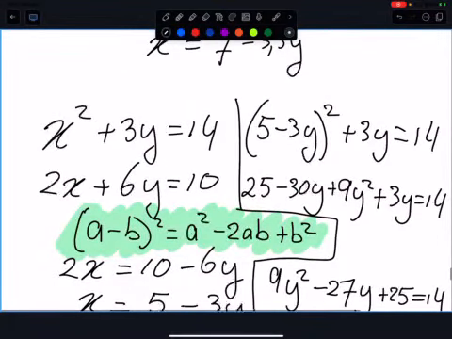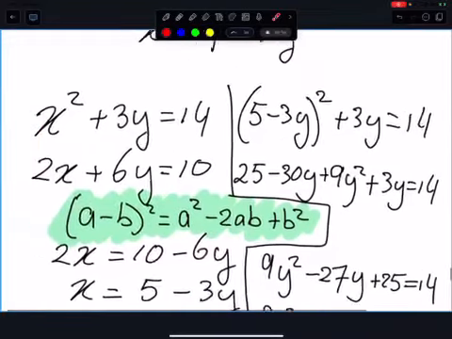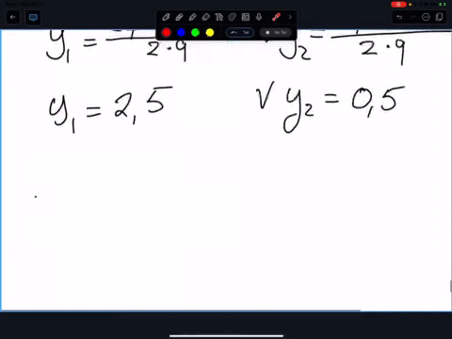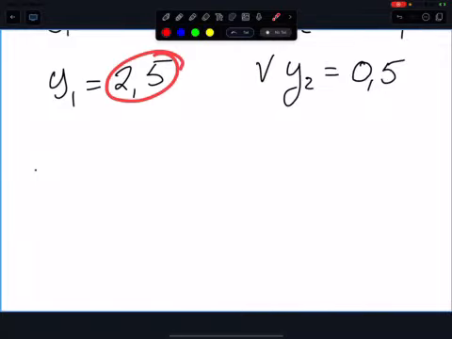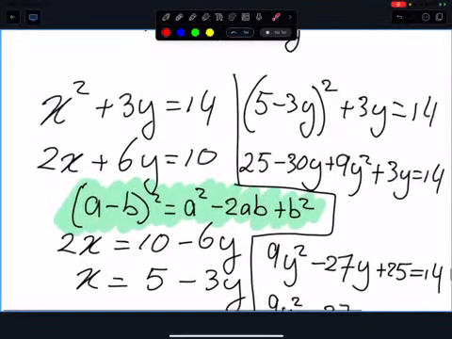Place your y here. Or there. You decide. Y is either 2.5 or 0.5.